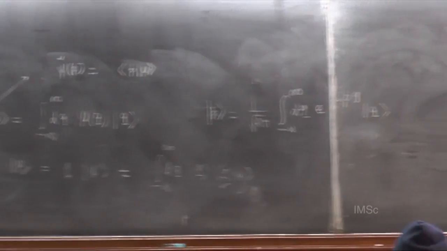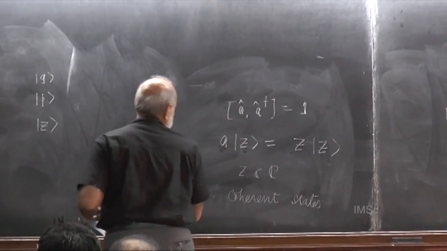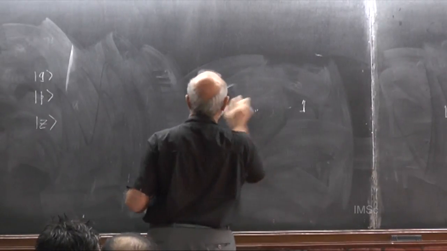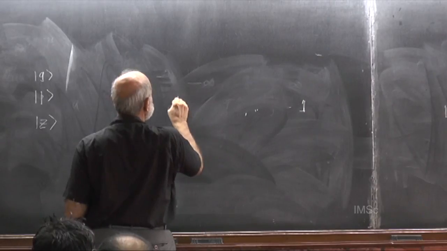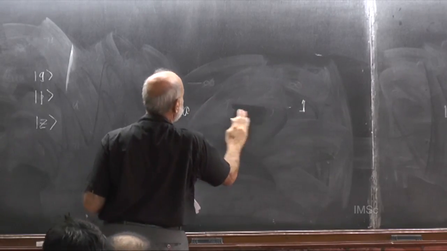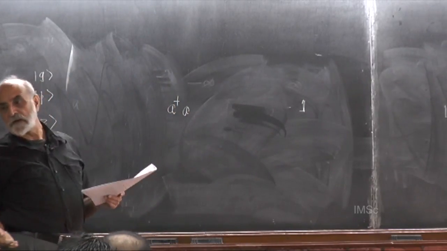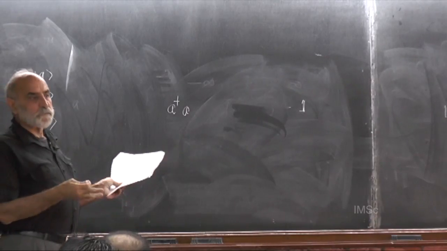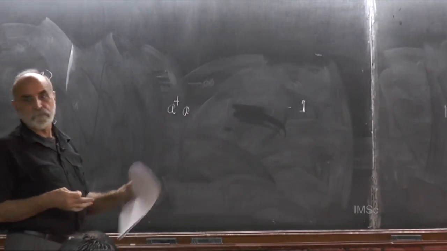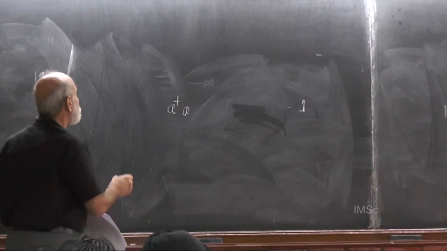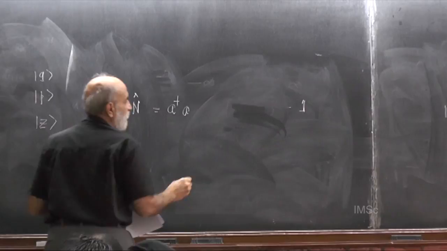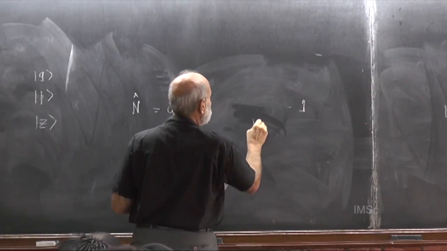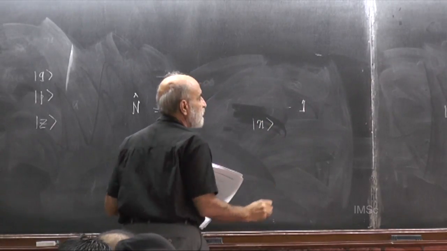The third operator that we can consider, which is interesting, is this operator A dagger A. You can now ask the question, given the properties of A, what are the eigenstates of this operator, and we give it a name, n hat, and it turns out that this has a discrete spectrum.